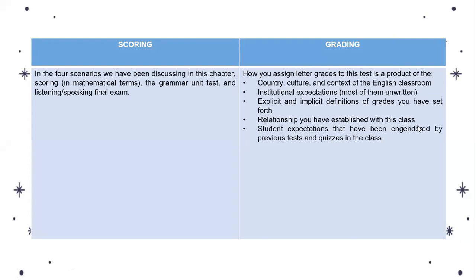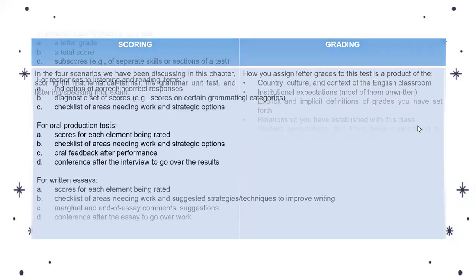Institutional expectation, most of them unwritten, explicit and implicit definition of grades you have set forth, relationship you have established with this class, and the last, student expectation that have been engraved by previous tests and quizzes in the class.